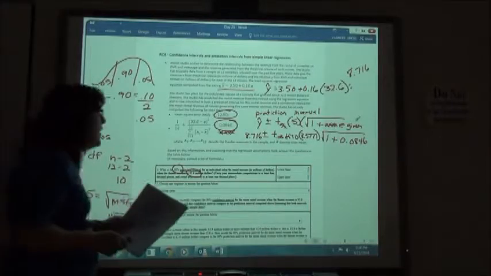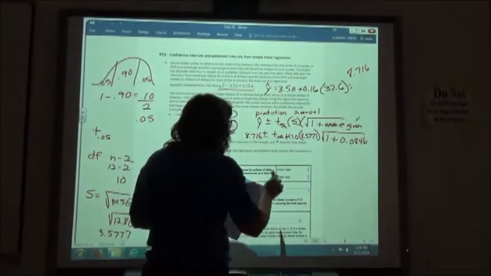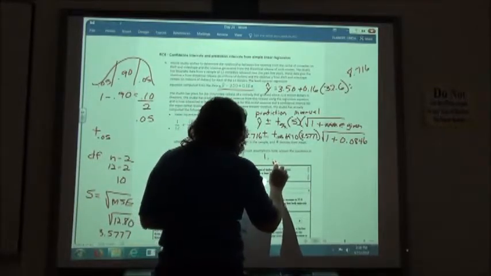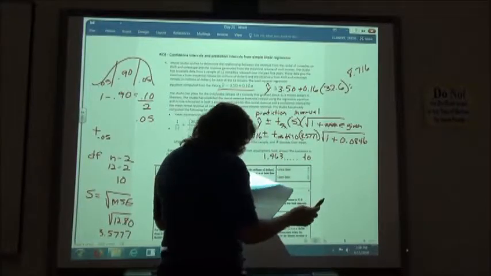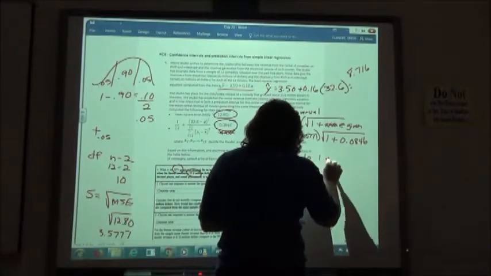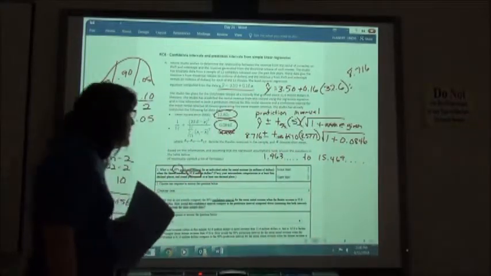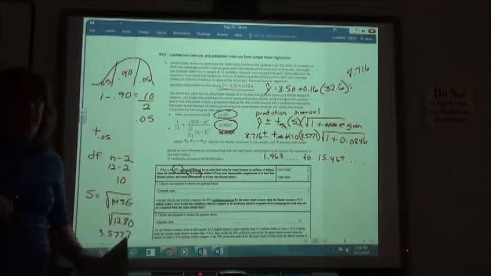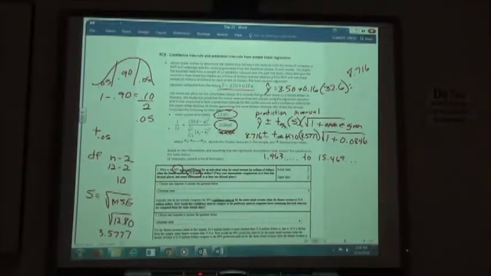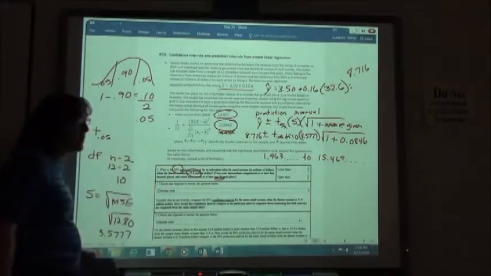And when I did that, I have 1.963 and so forth was my lower end, to 15.469 and so forth is my upper end. Again, due to rounding, you may have slightly different answers, but they should be pretty close. We are going to round our answer to only 1 decimal place.